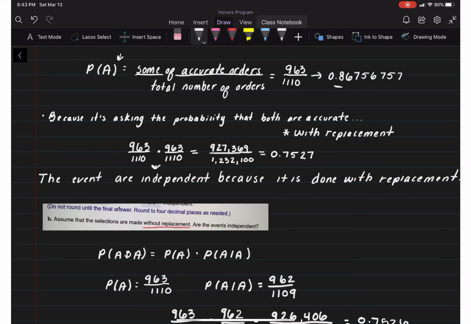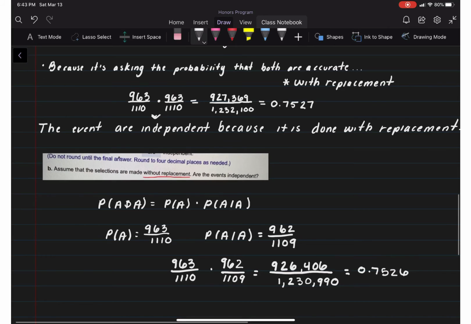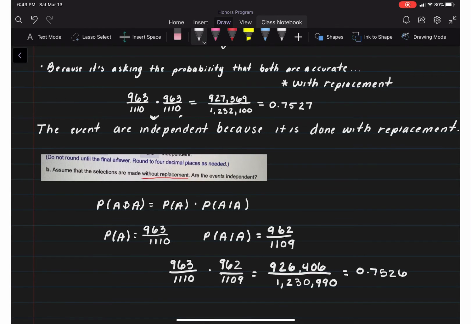But since it's asking us for both are accurate, we just multiply these two together. Notice that this one is not one less because, again, like I can't stress it enough, it's with replacement. We're putting it back in, and what we get is this number at the end.